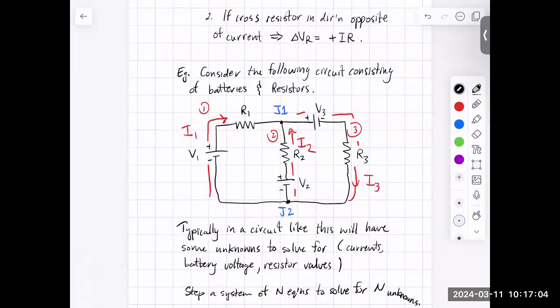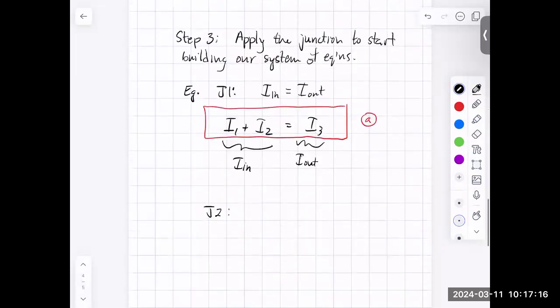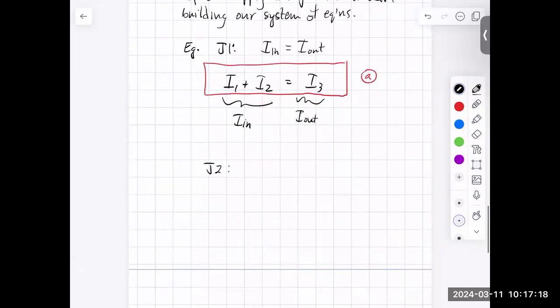And then I3 is coming down on the right and then takes the corner and heads towards J2. And so that's the current in. So for J2, we would say the current in is going to be I3, and that has to be equal to the current out, which is I1 and I2.